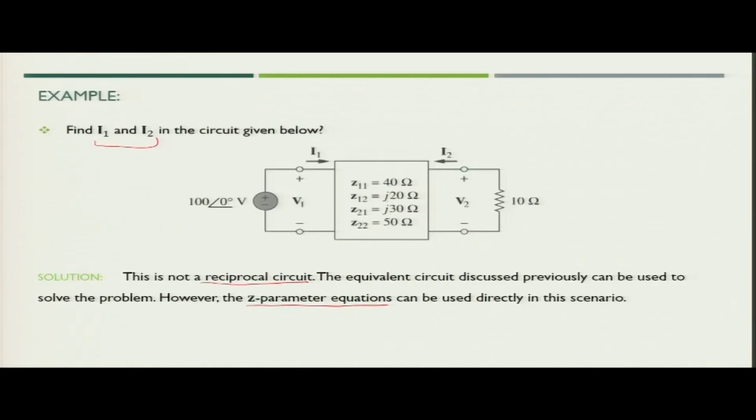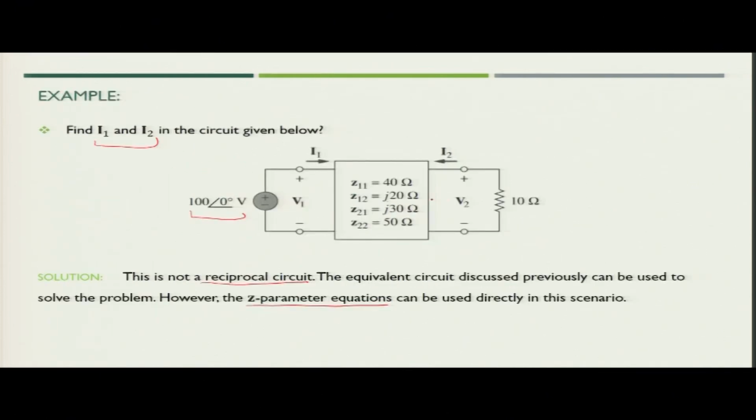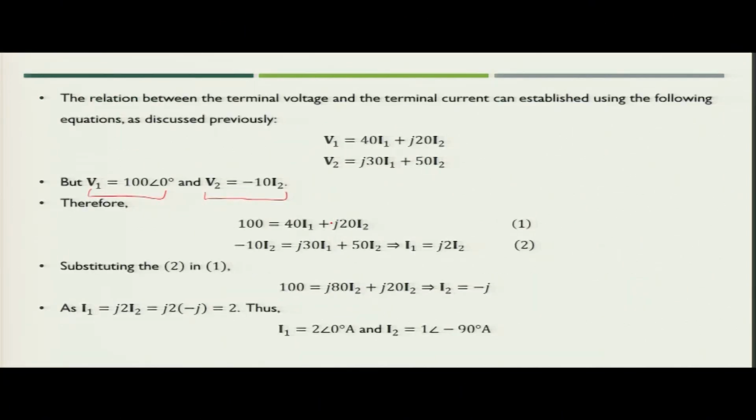Now, if you see the circuit having voltage V1 as 100 angle 0, and V2 is nothing but minus 10 of I2, because I2 is in this particular direction. So, V2 is equal to minus 10 of I2 and V1 is 100 angle 0. These two values we can get from the circuit, so we can put these values in the above equations.